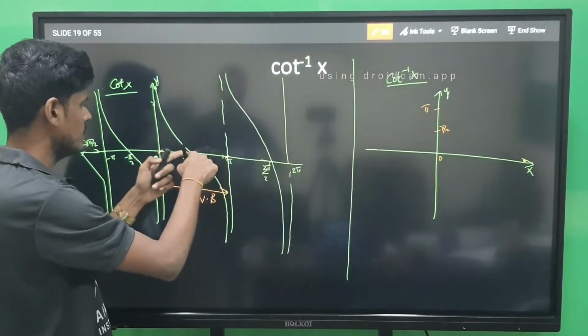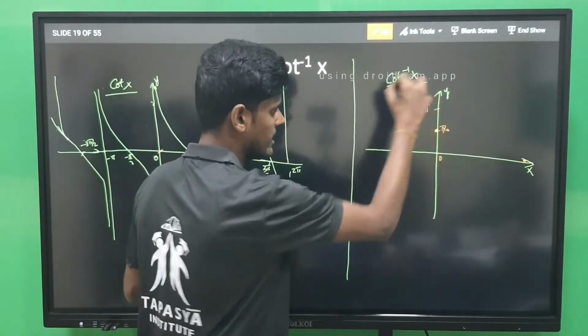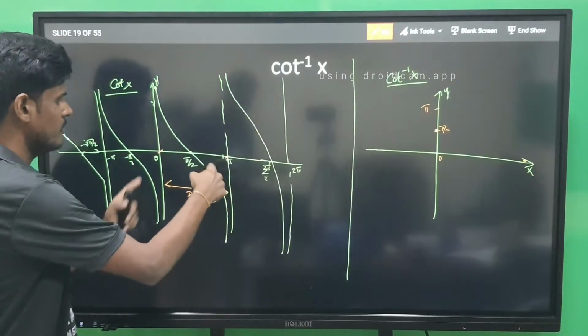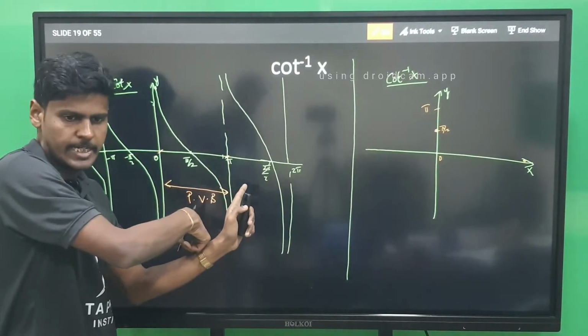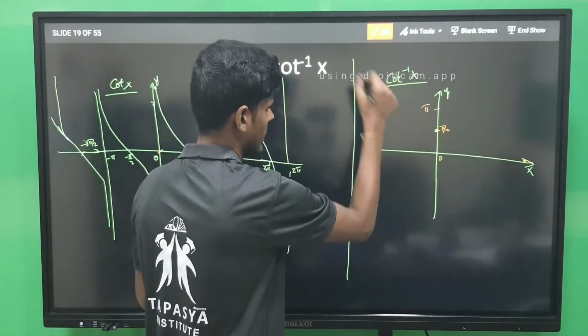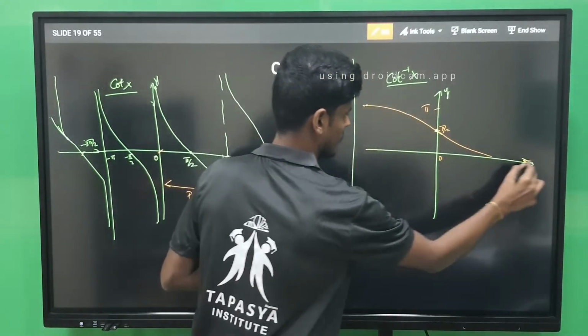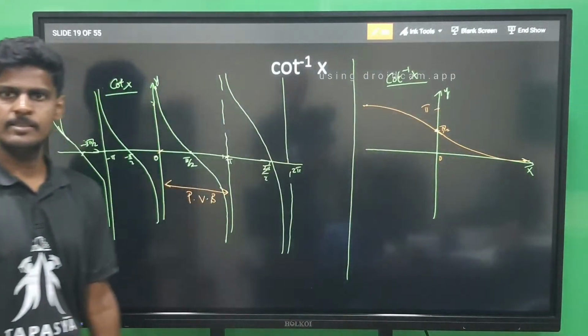And cot of 90 is 0, so cot inverse of 0 is 90 degrees. And cot of 180 is minus infinity, so cot inverse of minus infinity becomes 180. So the graph of cot inverse x will go on like this.